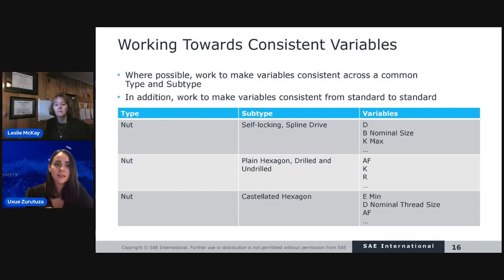At least standards under one type and subtype have to be consistent and use the same diagram as reference, as seen in this table. This means that, for example, DBK should be referencing the same measure in the diagram or dimension across all standards that are self-locking nuts.